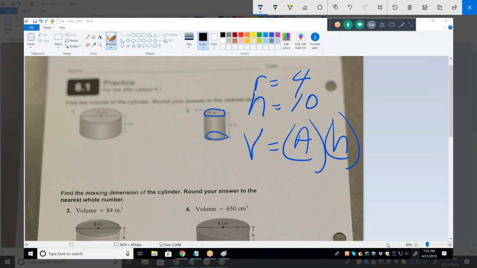It doesn't matter whether it's a cylinder like this or a rectangular brick. You take the area of one end and multiply it by the height. That's always the way you do it. So what's the area of one end equal to? 16.